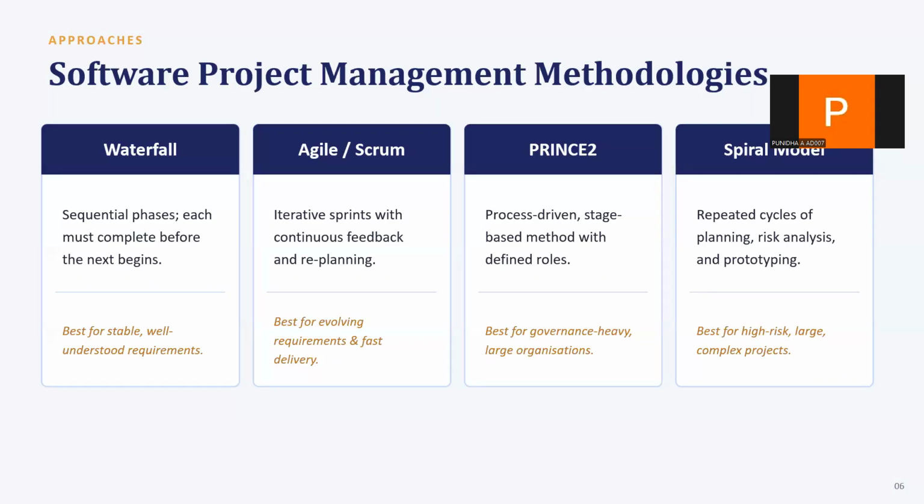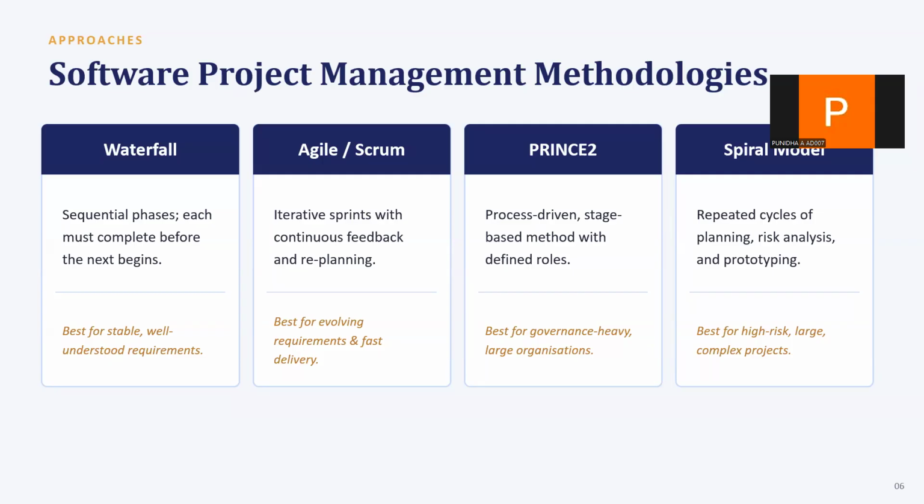Software project management methodologies. How do teams execute this life cycle? This depends on the methodology. Four major ones are Waterfall: sequential phases, each must complete before the next stage begins, best for stable, well understood requirements. Next, Agile or Scrum: iterative sprints with continuous feedback, best for evolving requirements and faster delivery.